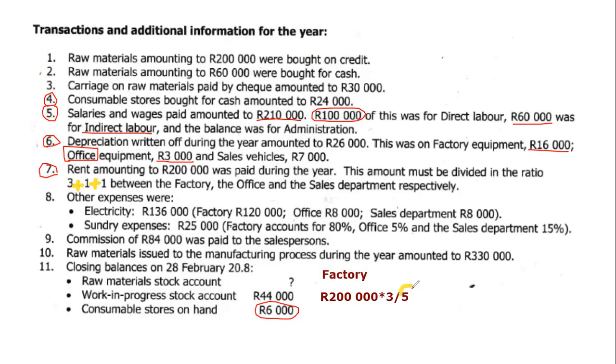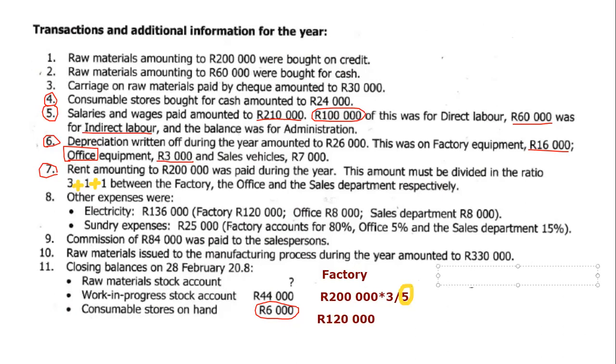Yes. And how much did you get? I got 120,000. Where will that 120,000 go to? Factory overheads. And what else do we have?